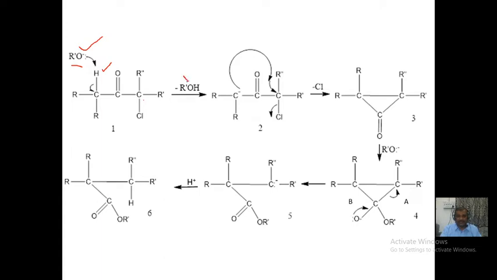So there is a loss of alcohol, but as this carbon receives the electrons, because hydrogen is left as a proton, what will happen? This is going to form a minus charge, right?